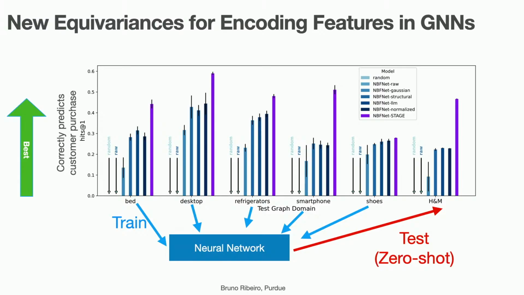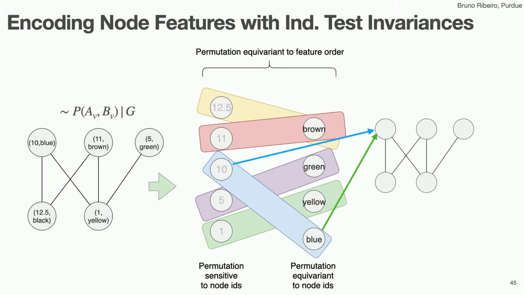So how is it possible, right? How is it possible that I'm training on beds and then I predict on closed? It's because in the network, because of these equivariances that I forced the network to learn, it doesn't care about the values of the features. All it cares about is how the variables are dependent to predict my task.